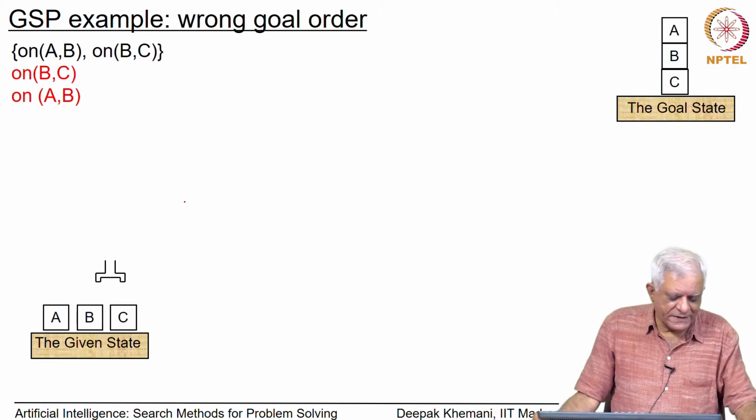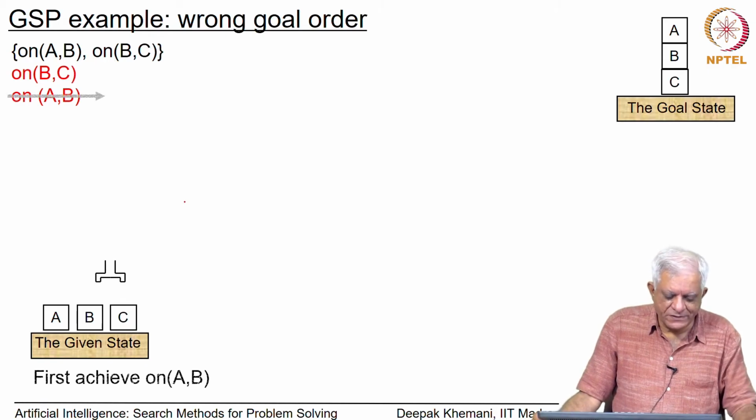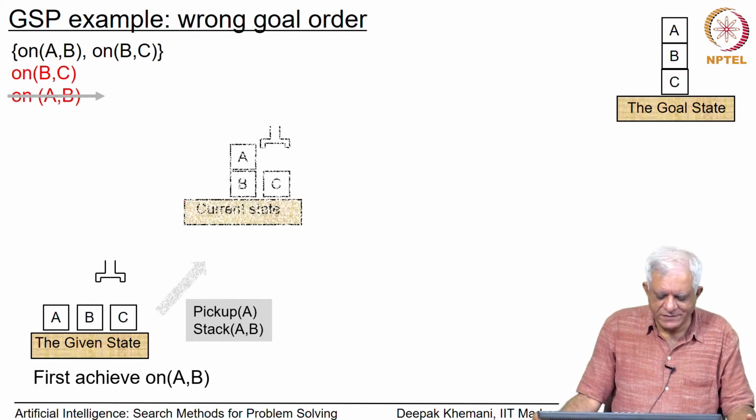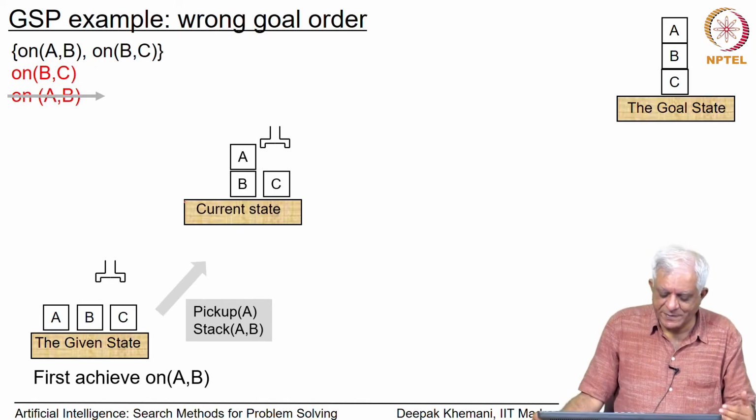So, what will this algorithm now do? It will pop the first goal which is on A B, and it will focus on achieving the sub goal which is on A B. If you go through the details, which we will not go through here, you will see that two actions are needed for that, which is pick up A and stack A on B. The goal stack algorithm will construct these two actions in this particular order.